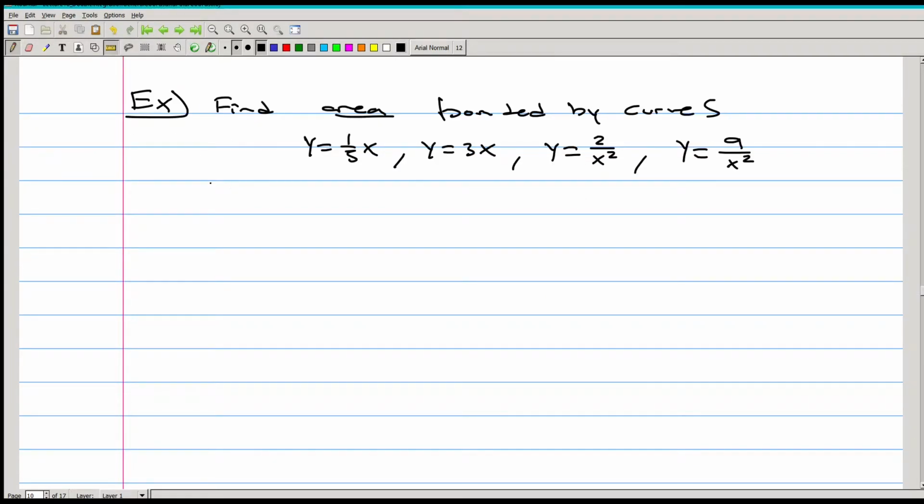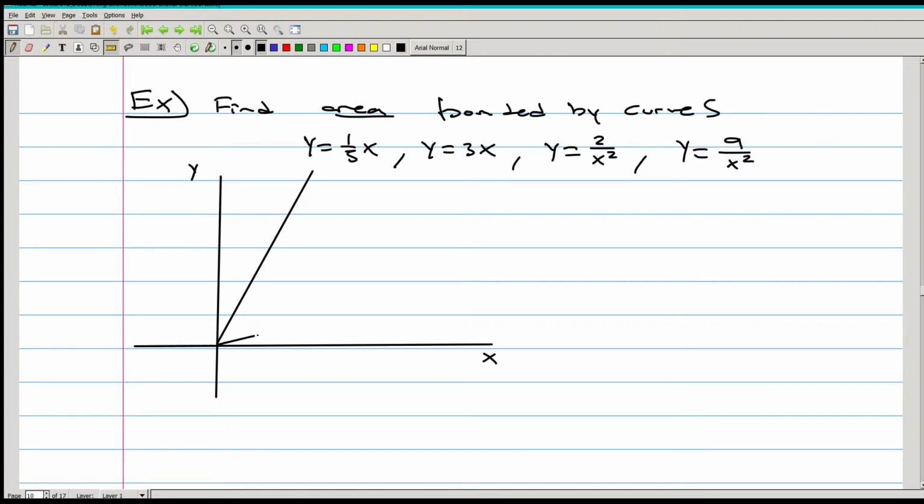And we can get a quick visualization of this. If we plot out what these curves look like, the curve y equals 3x is a straight line in the xy plane of slope 3. The curve y equals 1/5 x is a straight line of slope 1/5.